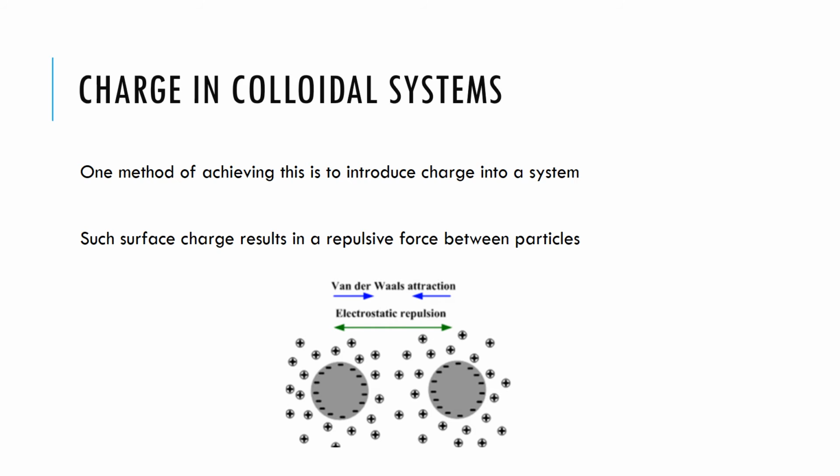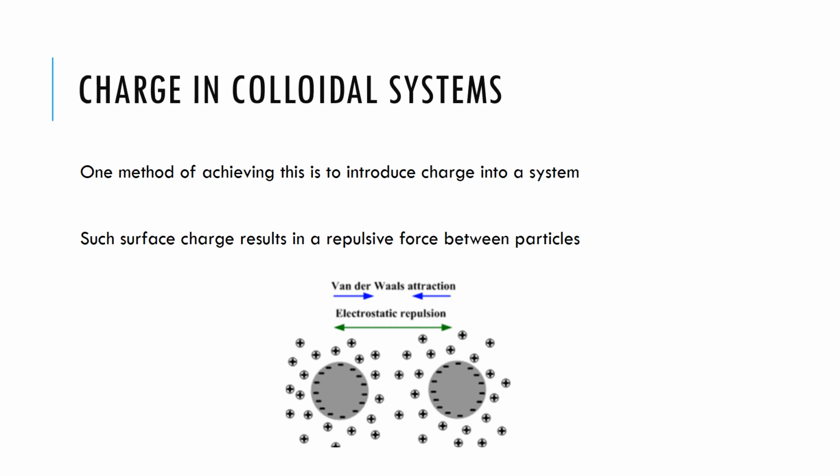There is an inherent attraction between those two particles, but now we've put them in an ionic atmosphere, i.e. we've surrounded them by, in this case, positively charged, let's say, sodium ions. There is now an inherent electrostatic repulsion, because as those two particles move closer together, the ionic cloud, which is dominated by positive charge, will cause those two particles to repel one another. And of course, they won't aggregate.